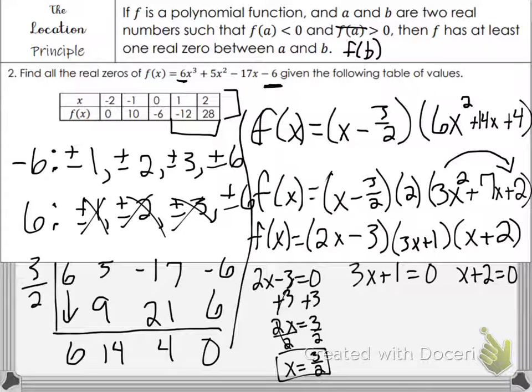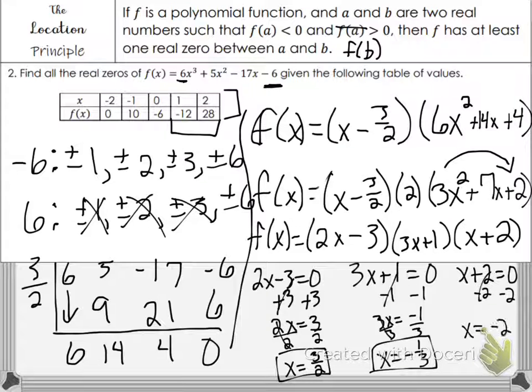It's my first step on this next one. Subtract 1, so 3x equals -1. -1, divided by 3, x equals -1/3. Questions there? And last one, how do I get x by itself? Subtract 2, so x equals -2.